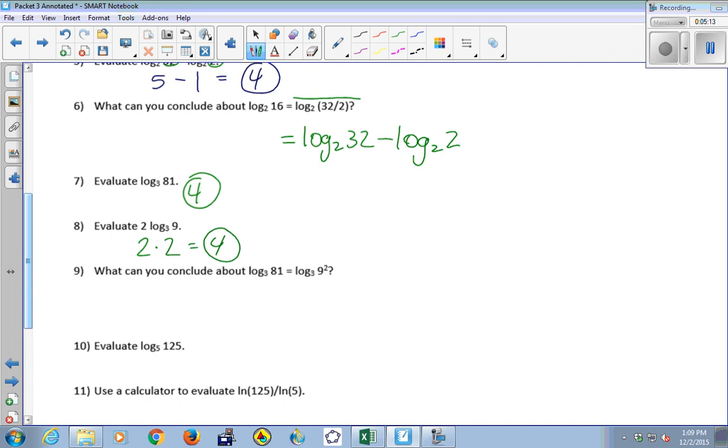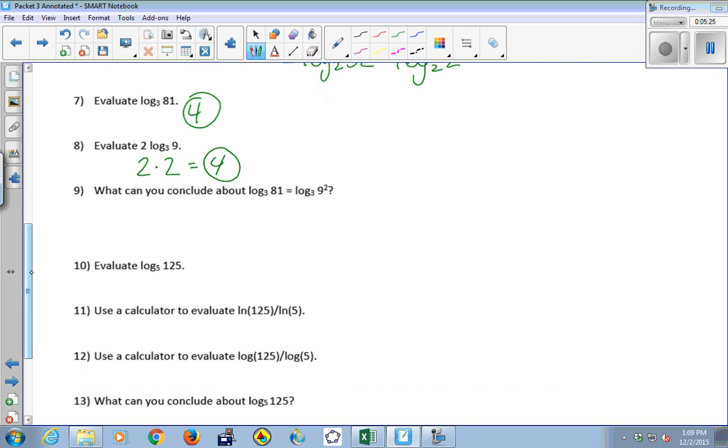Look, we got the same answer, right? So how is 81 related to 9 and a 2, right? 81 is 9 squared, right? So instead of taking log base 3 of 9 squared, I could do it directly and I'd get 4. Log base 3 of 81 is 4. But log base 3 of 9 squared is the same. You get the same answer if you do 2 times log base 3 of 9.